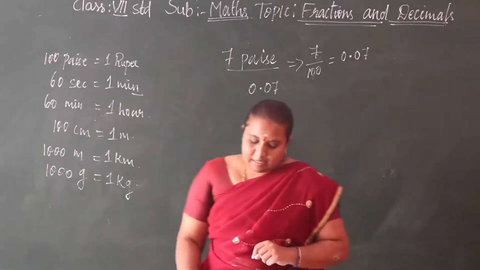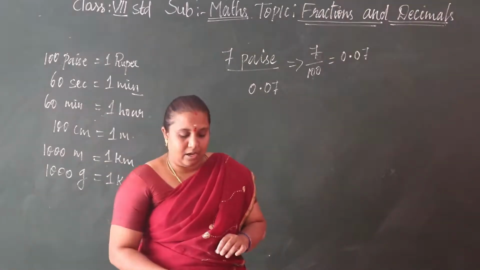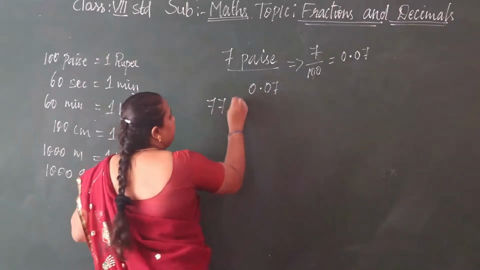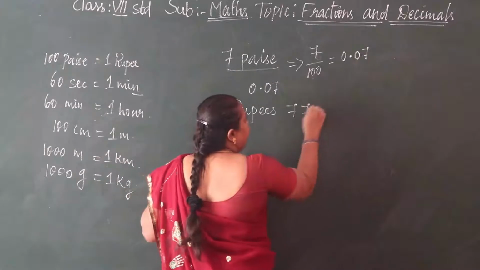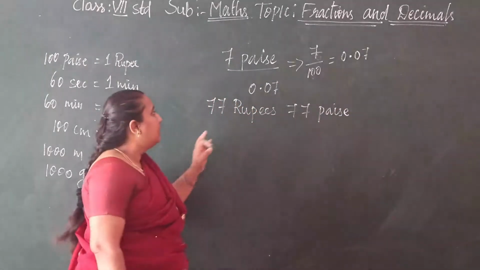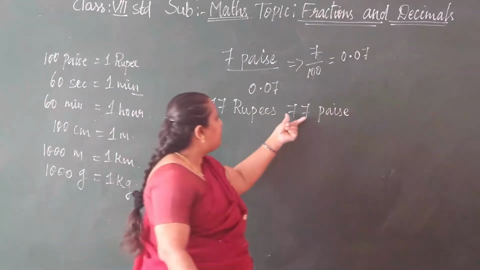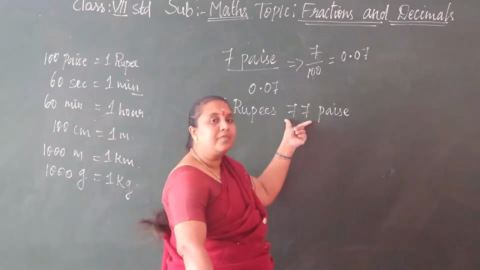Then it is given as 77 rupees 77 paise. Okay, so what is given here? Rupees you write as it is, and paise you divide by 100.